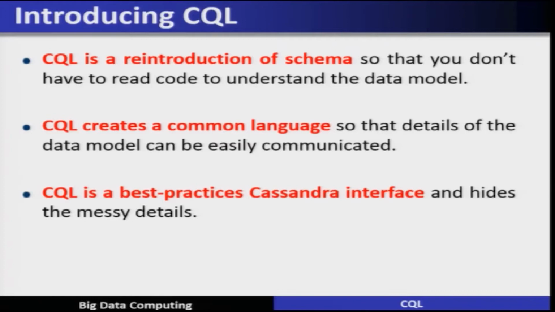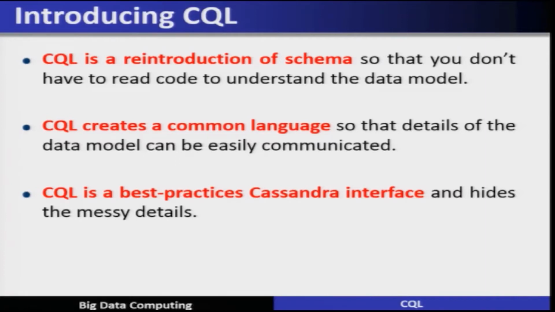The interface by which the users are going to access is quite familiar and similar to SQL, but internally the implementations are quite different. How this is mapped into the internals of Cassandra, we will discuss in more detail.